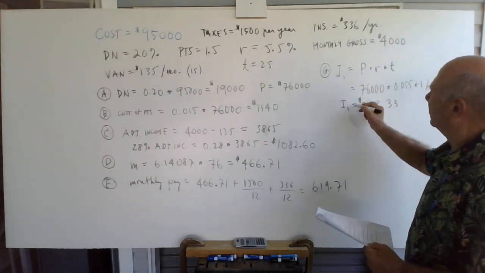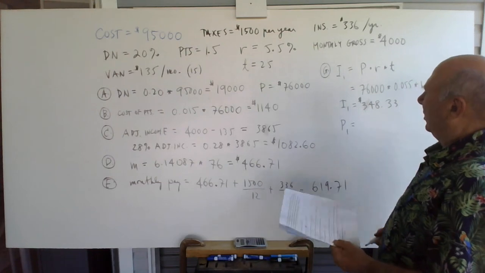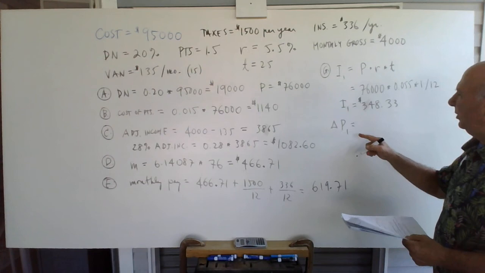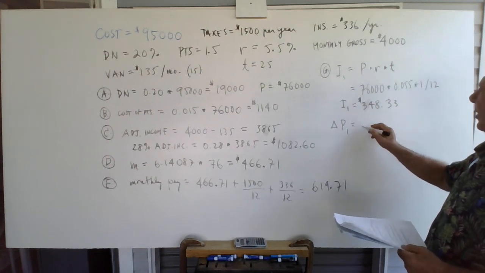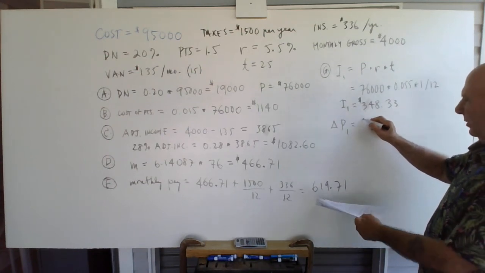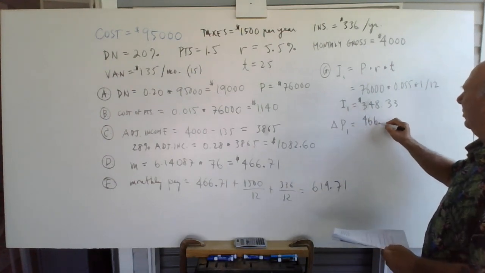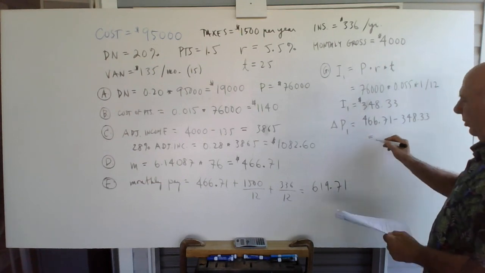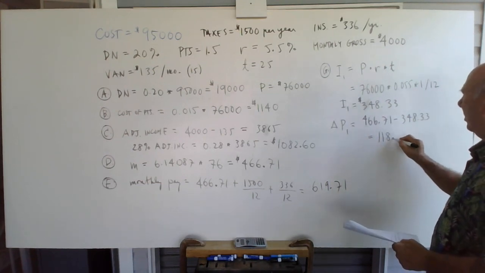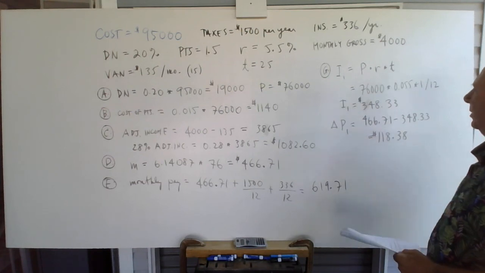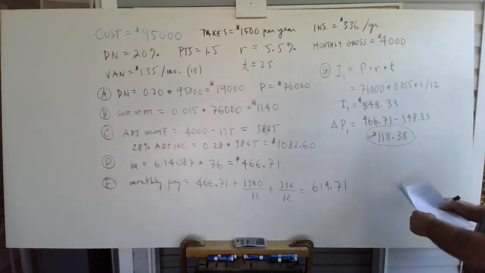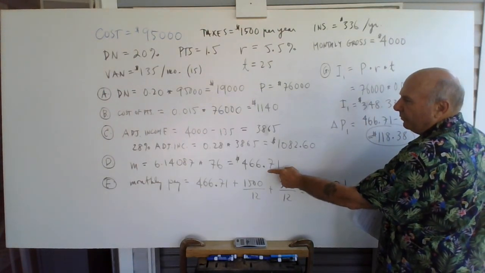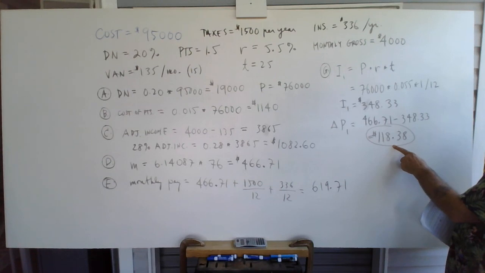That's the first month's interest. So the deduction in the principal, let's call it delta P, for the first month will be $466.71 minus $348.33. So it's going to go down to $118.38. That's the answer. First we have to find the interest. We subtract that from the monthly P&I, and that gives us the reduction in principal.